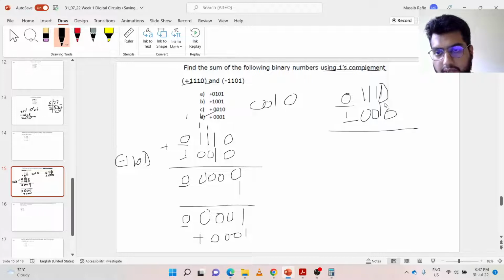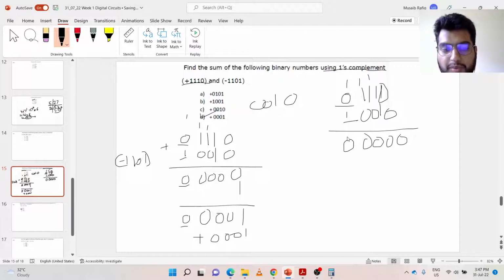When you add them up, 0 plus 0 is 0, 1 plus 1 is 2, and 2 is written as 1, 0, so 0 here and 1 goes to the carry. Then 1 plus 1 is 2, again 1, 0, so 0 goes here and 1 goes to the carry. Again 1 plus 1 is 1, 0, and then 1 plus 1 is again 2, 0. In the ones complement method, when the negative number has magnitude less than the positive number, this carry is not disregarded.